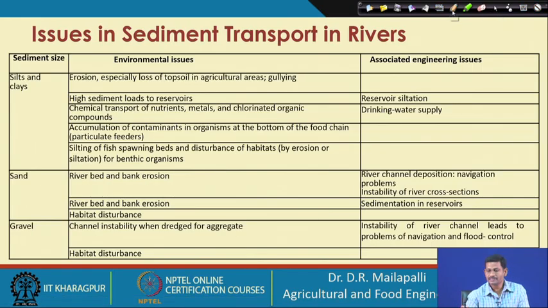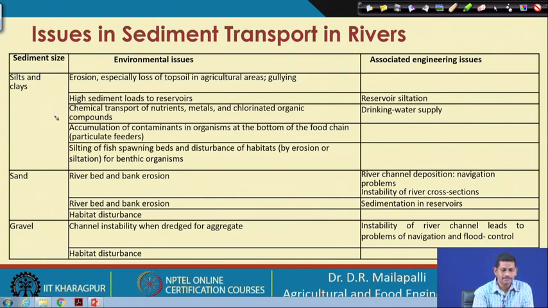So, issues in sediment. Here this table shows, in column number 1, the sediment size: silts and clays, sand, and gravel. The environmental issues with silts and clays are erosion, especially loss of topsoil in agriculture, and gullies.